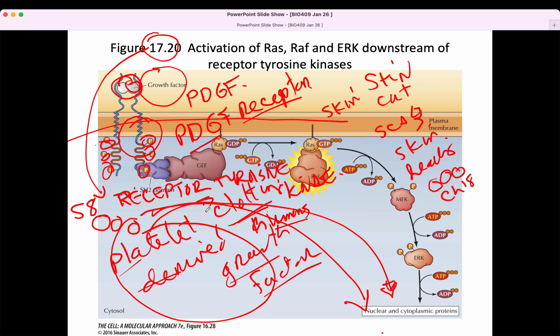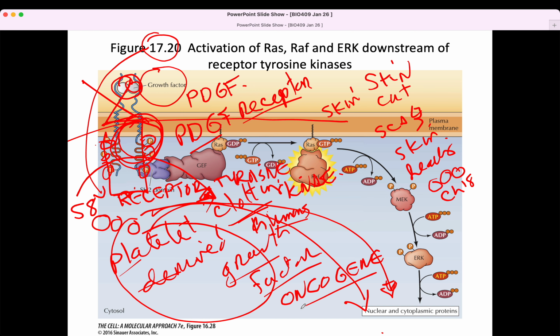And when we're talking about cancer, we would want to talk about cells that could, or genes that could get mutated and cause cells to grow out of control. And receptor tyrosine kinases can. There can be mutations that cause these to be activated even in the absence of growth factor, and that causes them to grow uncontrollably. A gene that can get mutated and cause cancer is called an oncogene.